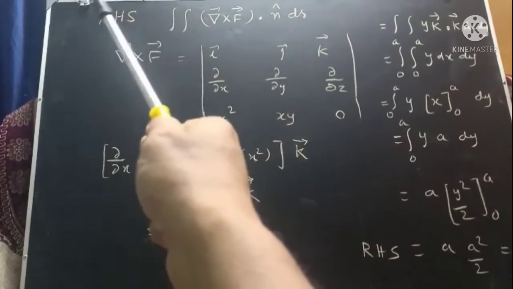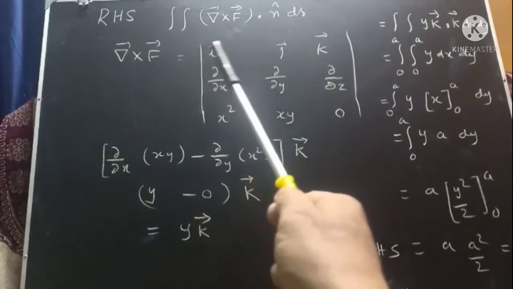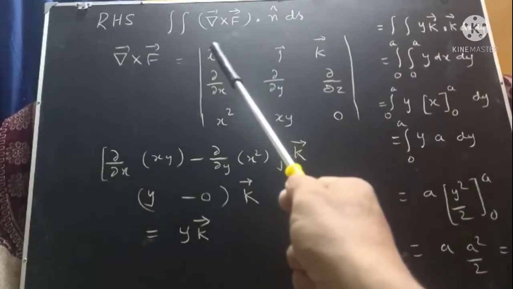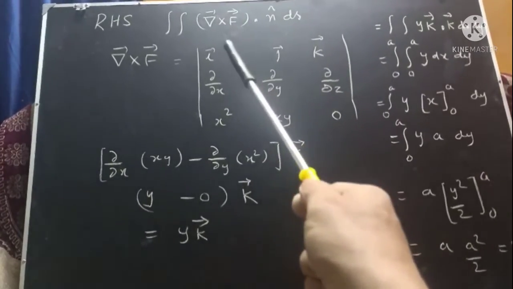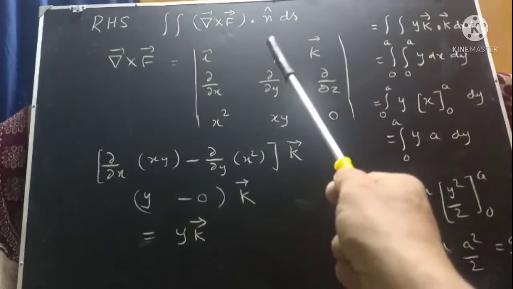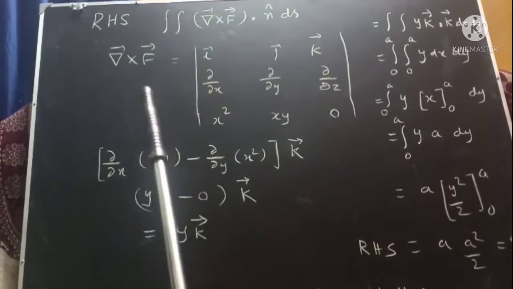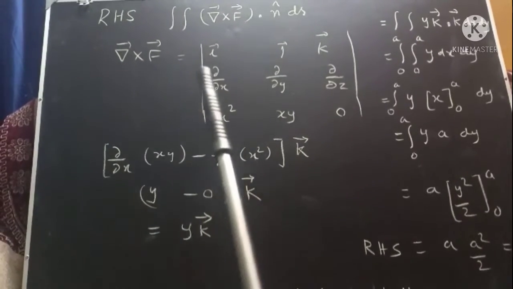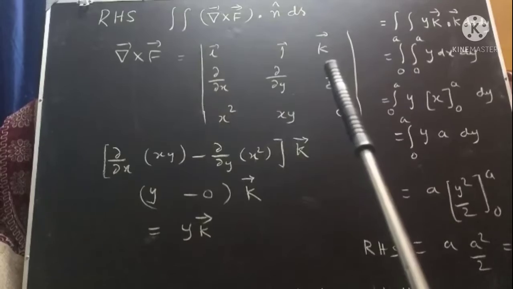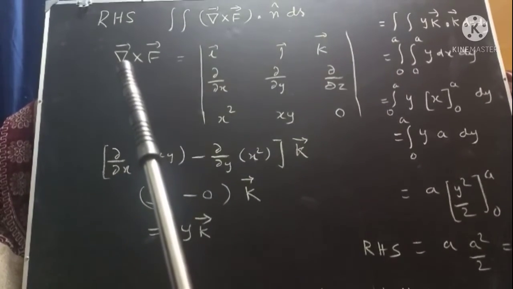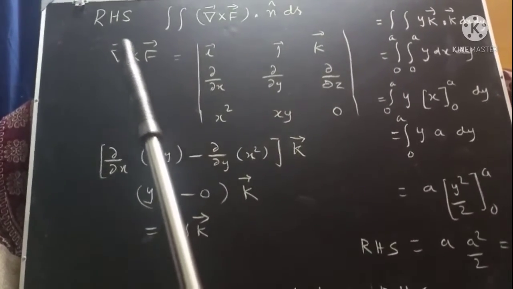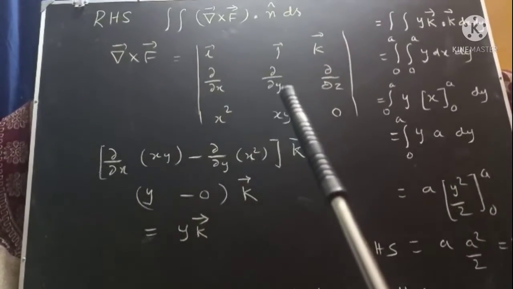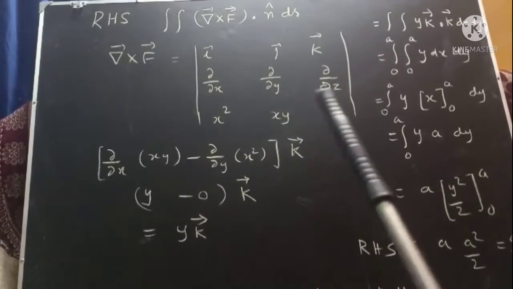To find the right hand side, the surface integral, double integral of del cross F dot n cap ds. Del cross F vector is curl F vector. First, del cross F vector is the cross product with i vector, j vector, k vector, with del coefficients dou by dou x, dou by dou y, dou by dou z.